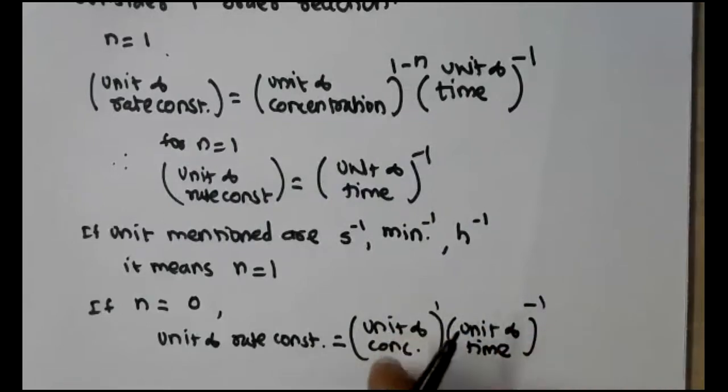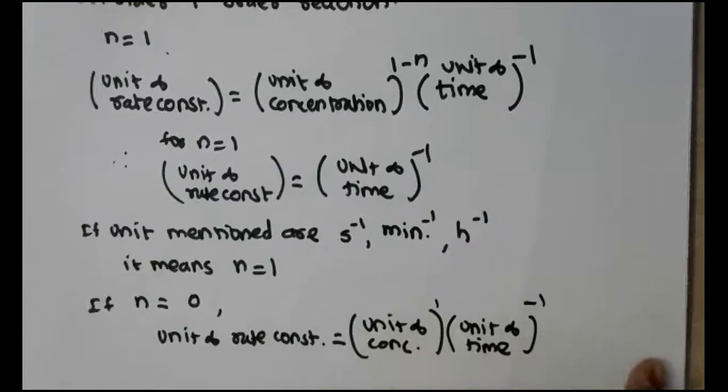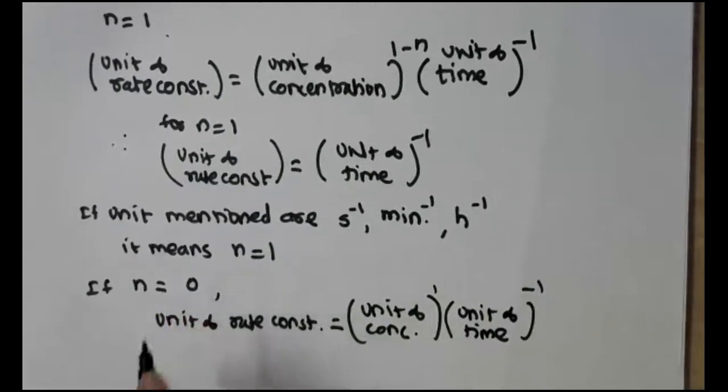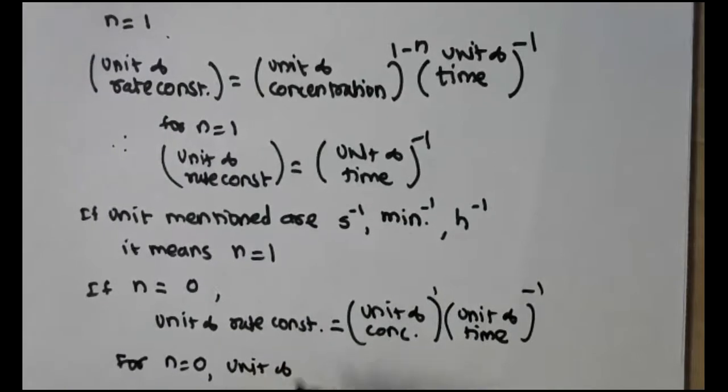This is nothing but the rate of reaction, and therefore for n is equal to 0, unit of rate constant is equal to unit of rate of reaction.